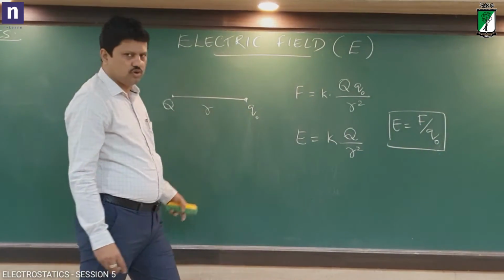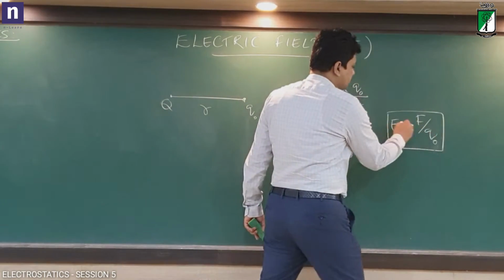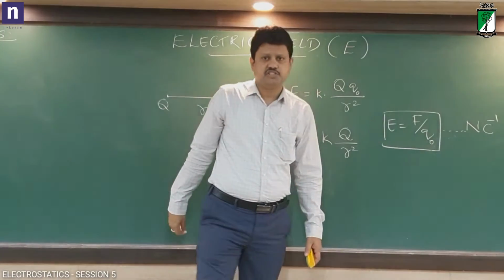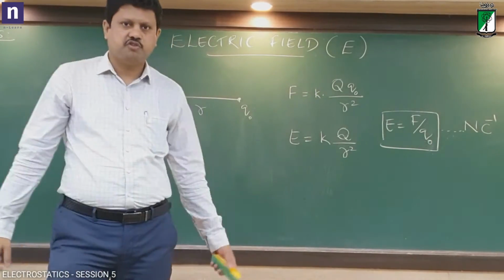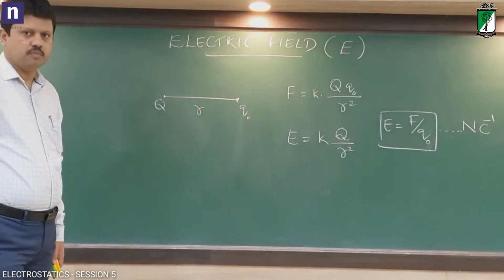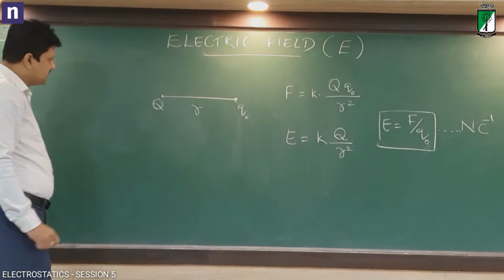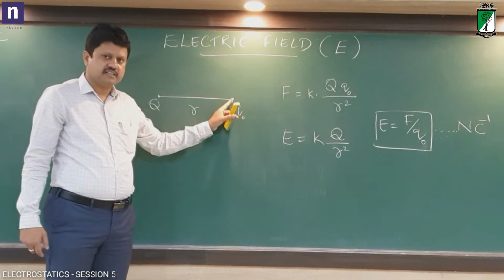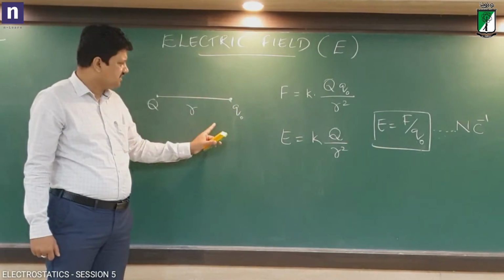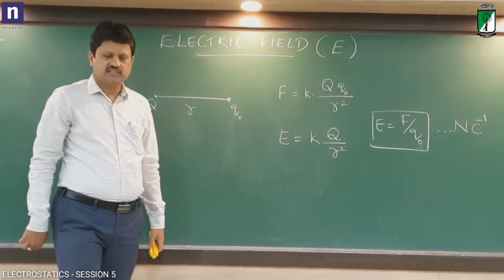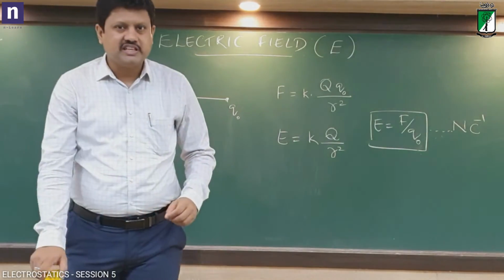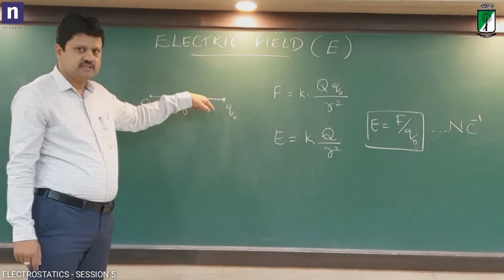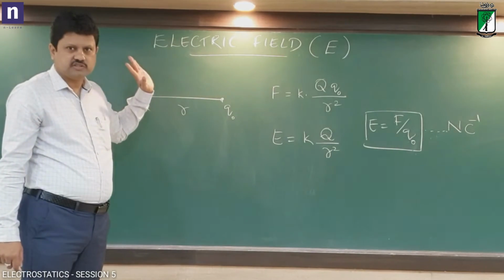Now the test charge is 1 coulomb, therefore force per coulomb will be the unit of electric field strength, that is Newton per coulomb. Force per charge, that is Newton per coulomb. So what is the definition of electric field? Electric field at a point is given by the force experienced by a test charge placed at that point in that region.